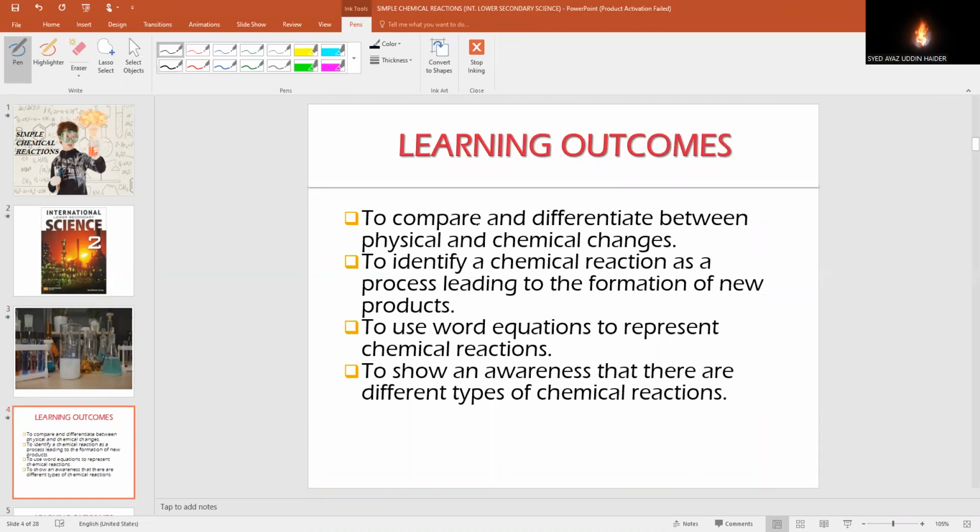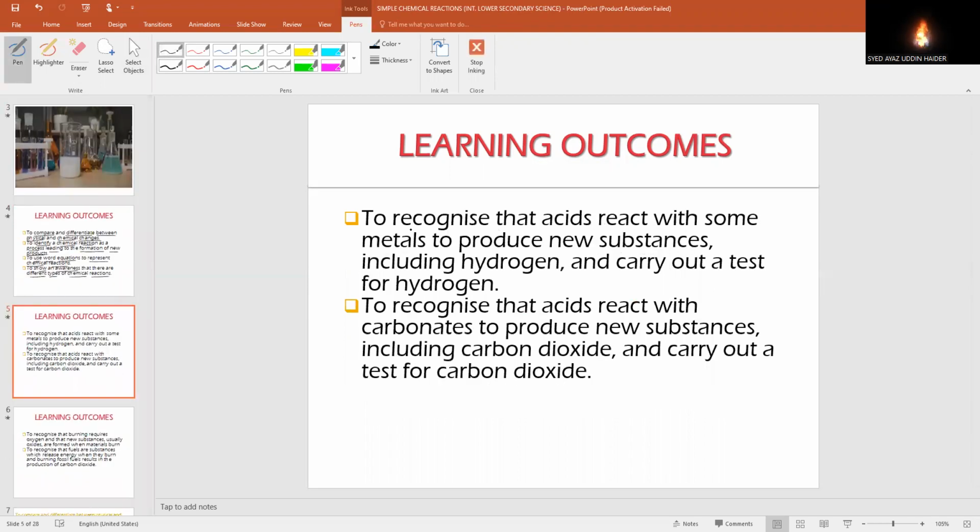So here are the learning outcomes for this video lesson: to compare and differentiate between physical and chemical changes, to identify a chemical reaction as a process leading to the formation of new products, to use word equations to represent chemical reactions, to show an awareness that there are different types of chemical reactions, to recognize that acids react with some metals to produce new substances, including hydrogen, and carry out a test for hydrogen.